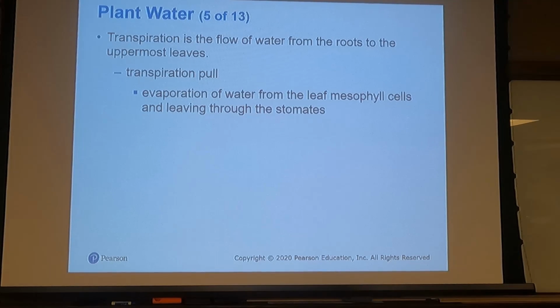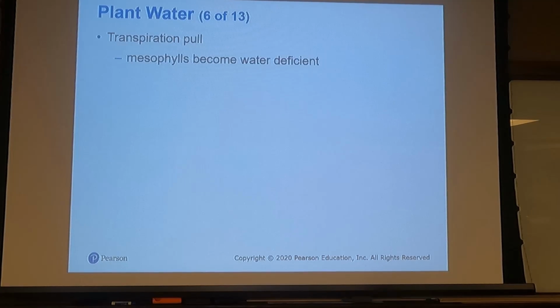We also need that water in order to do photosynthesis. So our stomates are constantly trying to maintain this balance between bringing in the carbon dioxide, which it needs in order to make sugars so that it can live, and we also need that water as well. So plant-water relations are a big thing.